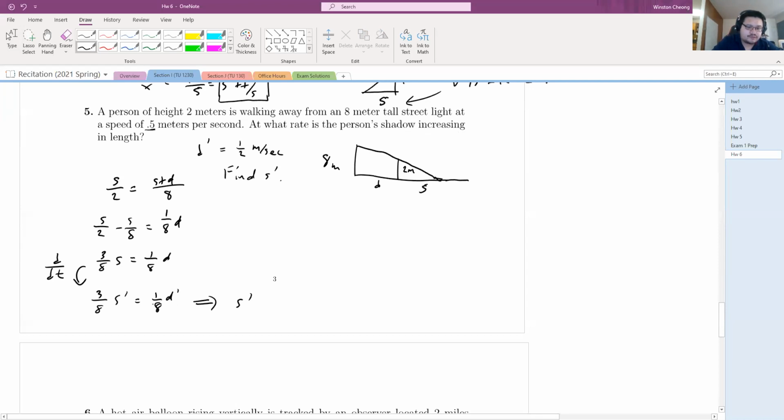If I just move this over and then plug in my D, I'm going to get the answer. So I'll get 1/3 times the 1/2. Wait, that doesn't look right. I think I did this wrong on paper. I'm supposed to get what I'm getting right here. So I get 1/6 meters per second.